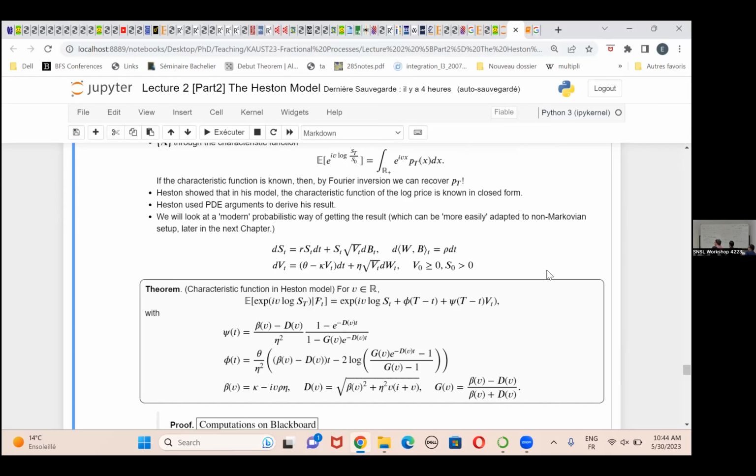And then usually the technical part is to go from local martingale to true martingale. If you're familiar with this, you have an exponential local martingale. So usually one uses criteria known as the Novikov criterion, but these do not apply here, unfortunately. So you need to work a bit more here.